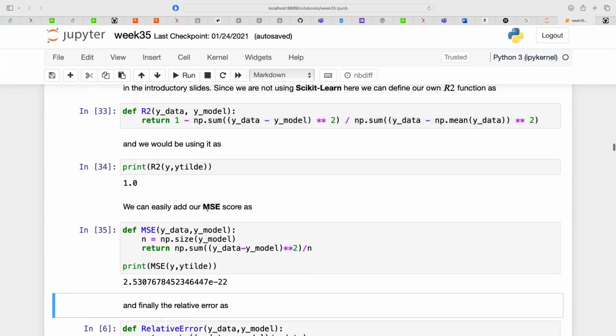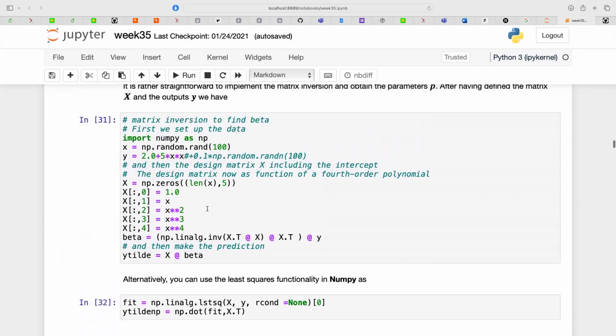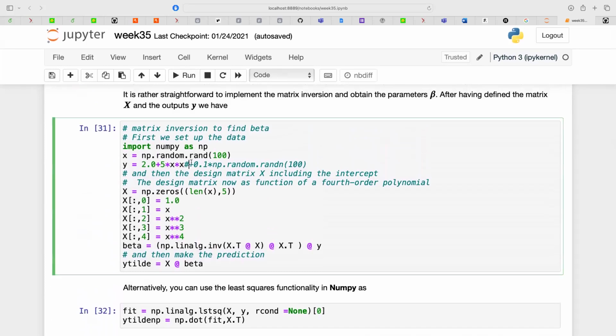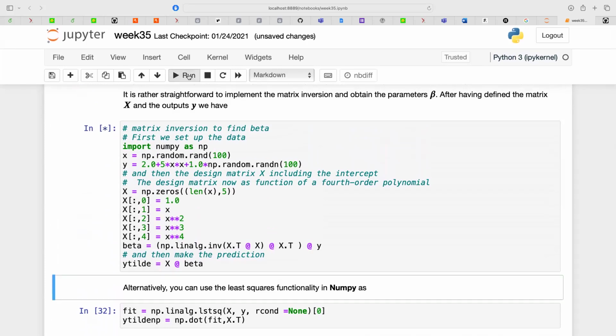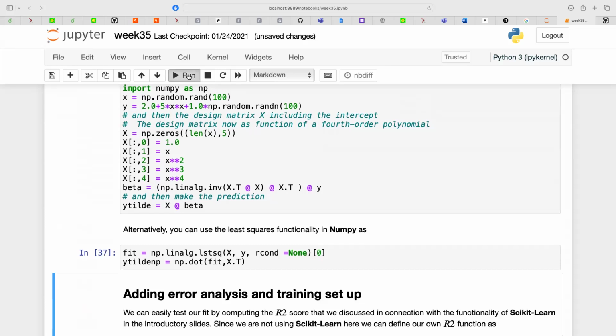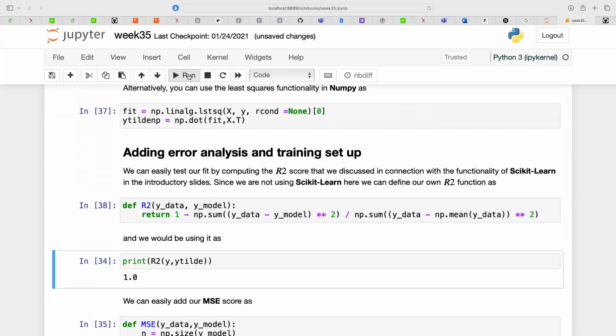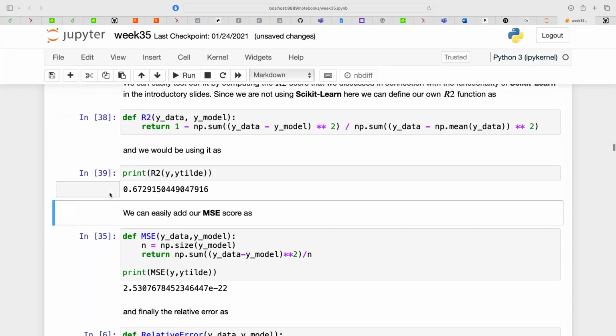Now, the thing which you see immediately, if you add noise here, so suppose we make it a little bit larger, so let's rerun it. What you will see then is that due to the noise, you will not get 1. This number, the R2 score, can actually be negative as well.